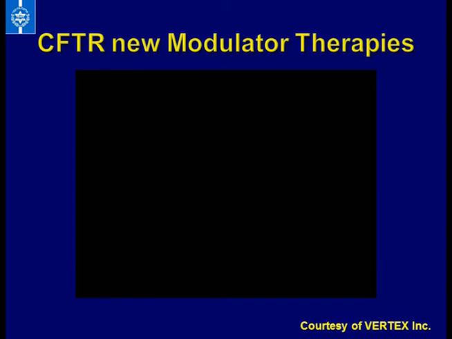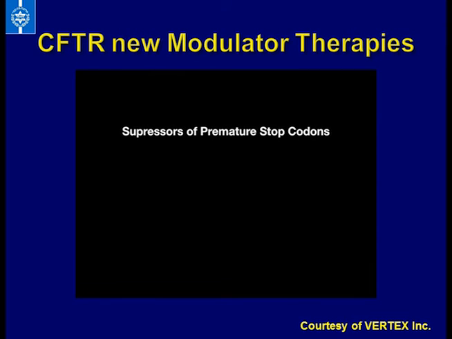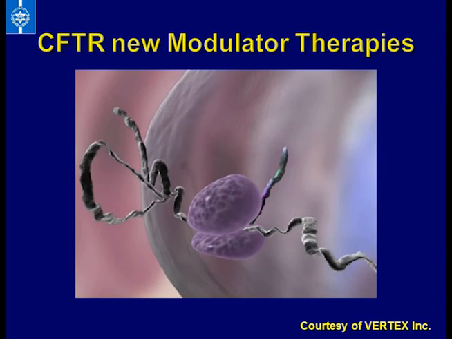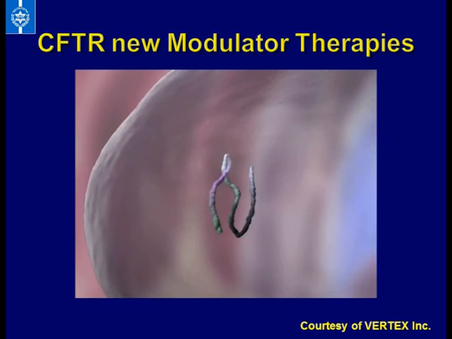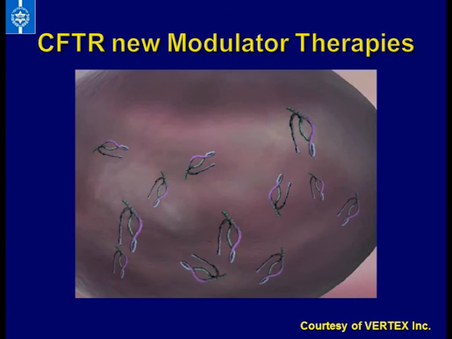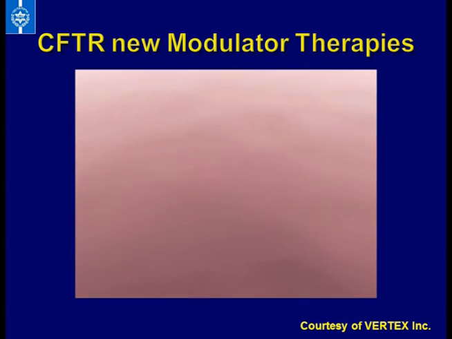Several types of compounds are under investigation that specifically target dysfunctional CFTR. Three major types are suppressors of premature stop codons, CFTR correctors, and CFTR potentiators. Premature stop codon mutations prevent full translation of messenger RNA, resulting in truncated CFTR, which is not functional and never reaches the cell surface.